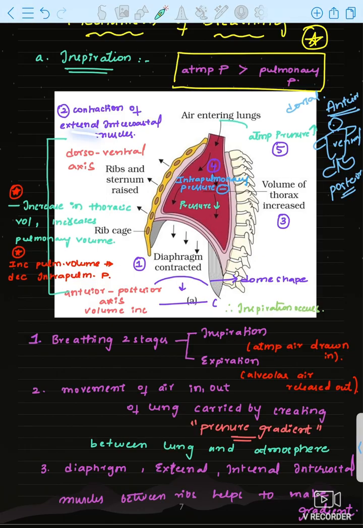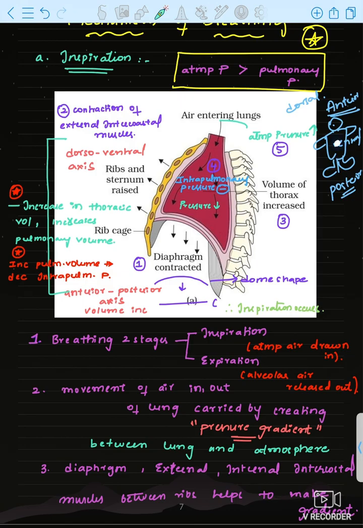Now with external intercostal muscle contraction, the ribs are raised. Ribs are attached to the sternum and vertebral column. If these ribs are raised, they go backward and outward, so the dorsal-ventral axis volume has increased. You understand what I am saying? When the diaphragm is contracted, the anterior-posterior axis volume is increased.